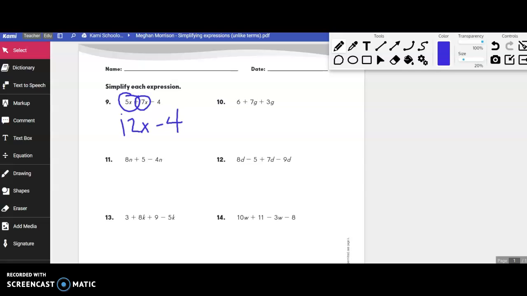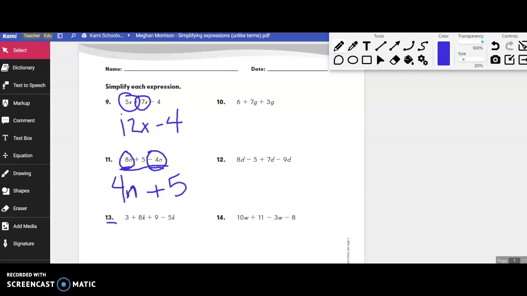Now, if I have something like this, we have to look carefully because we have a plus and we have a minus. So I have 8n, and then this minus goes with the 4n. So I have 8n minus 4n gives me 4n, and then I still have plus 5. That was the only number.